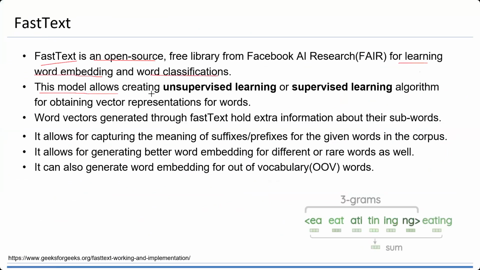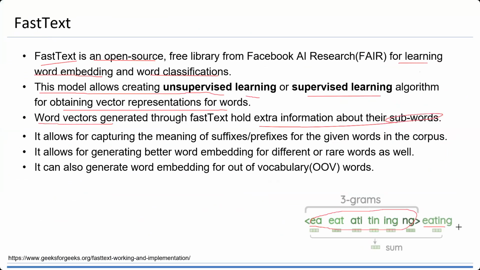This model allows creating unsupervised and supervised learning algorithms for obtaining the vector representation for words. In FastText, you can use the word vectors and it holds extra information about their subwords. Subwords means something in between of the word.